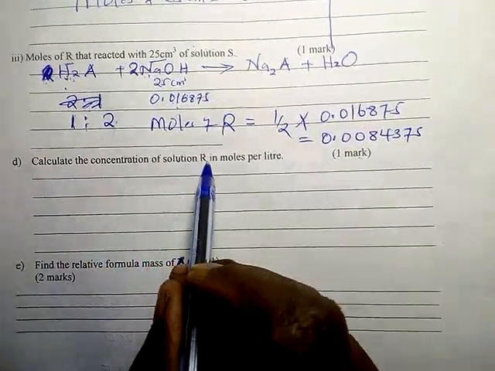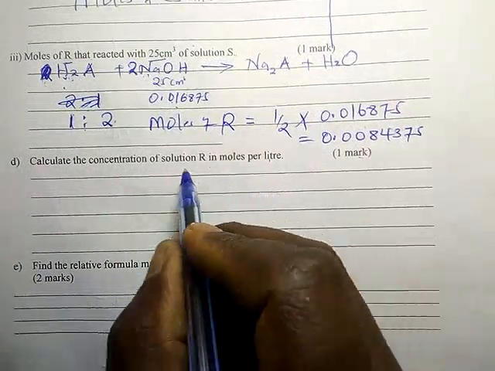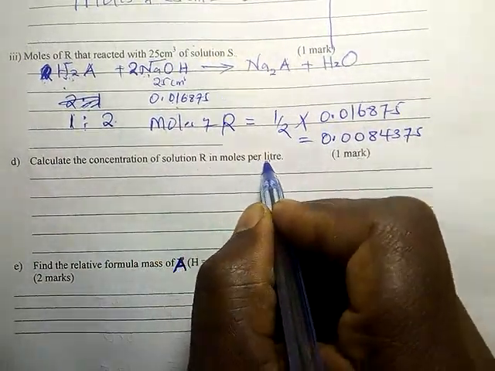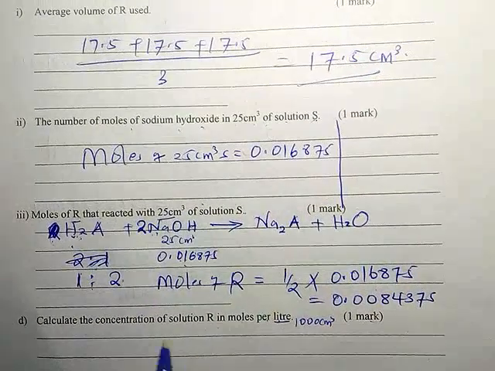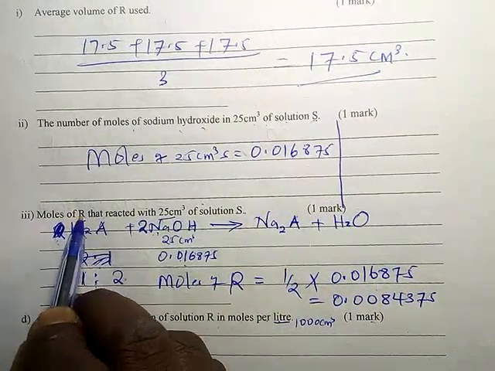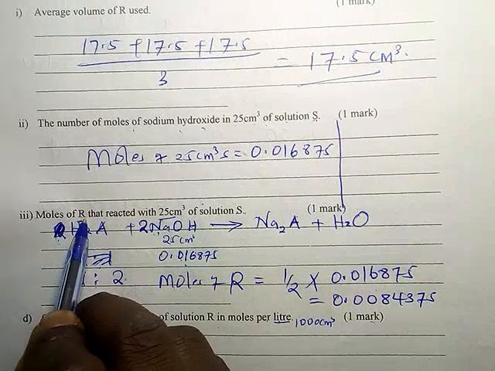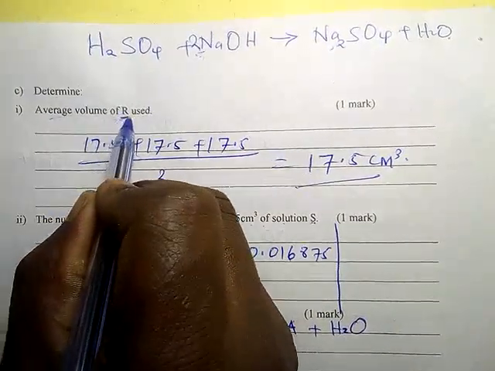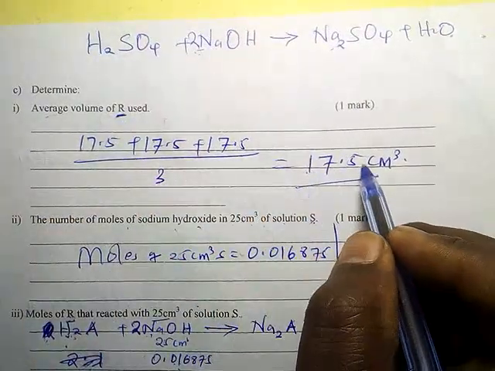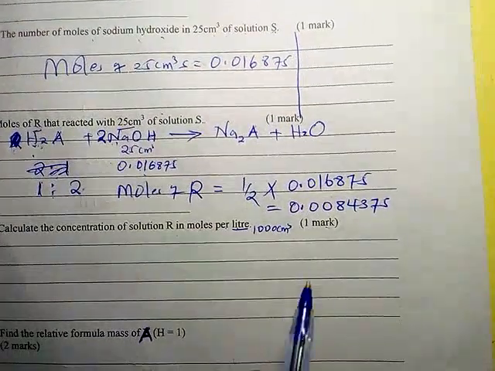Calculate the concentration of solution R in moles per liter. So concentration in moles per liter. A liter is 1000 centimeters cube. Kwa hivyo sasa hizi moles tuko nazo za R, ni moles za volume gani? Remember the average volume of R. So 17.5 moles zake ni hizi.